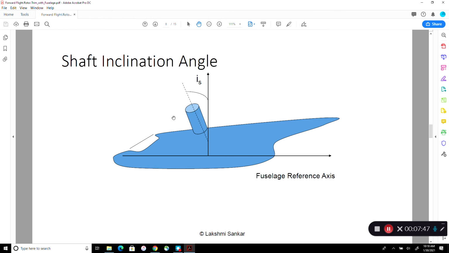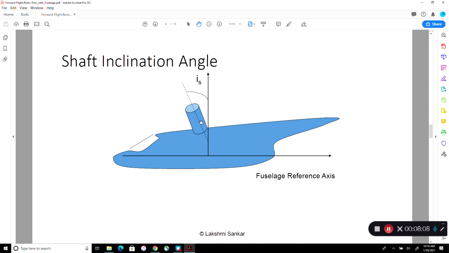First thing is the shaft inclination angle is the inclination of this shaft with reference to this axis. This is your flight path axis, or the fuselage reference plane, some x-axis. This is the y-axis. This is the angle that we have defined.